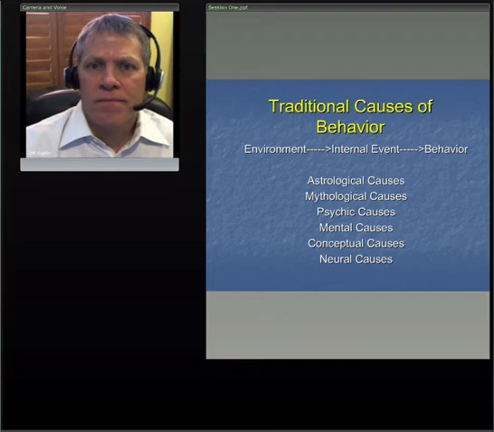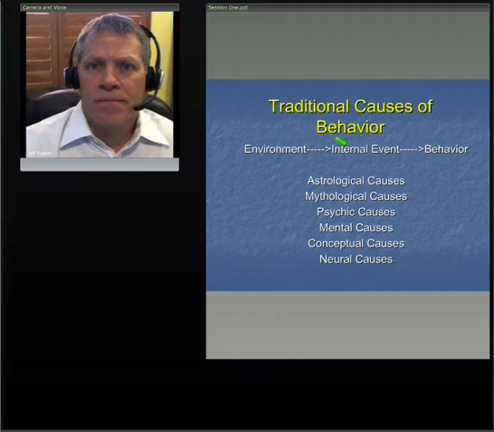When we look back in psychology and when we traditionally talk about behavior, we are oftentimes taught to interpret behavior as follows. There is usually some sort of an environmental event that takes place in our settings close to us. It gives rise to something happening to us inside of us, typically an internal event.